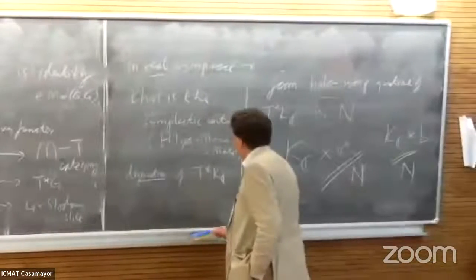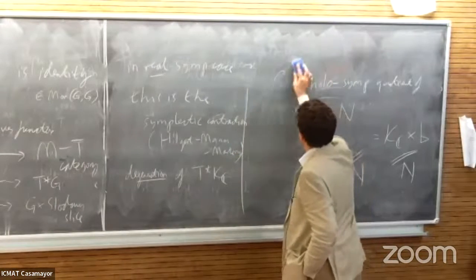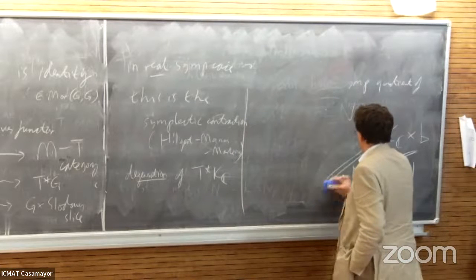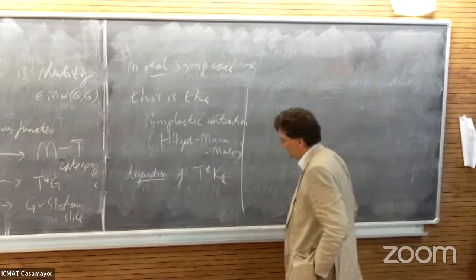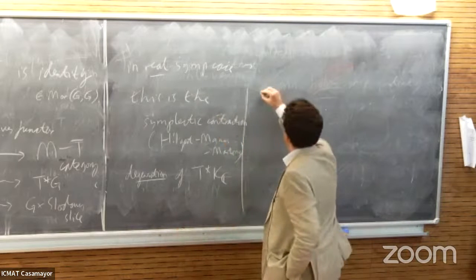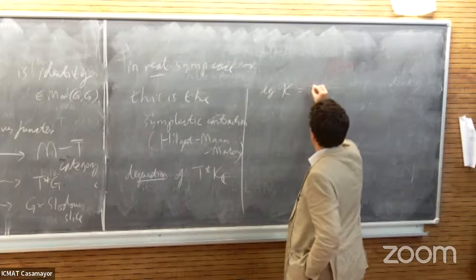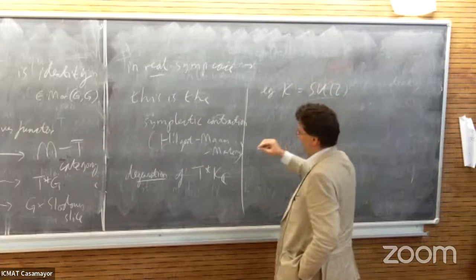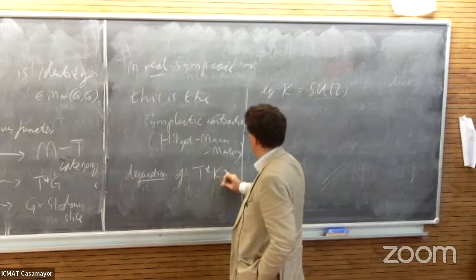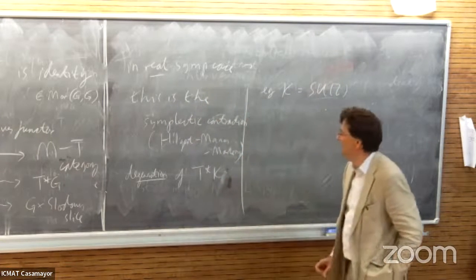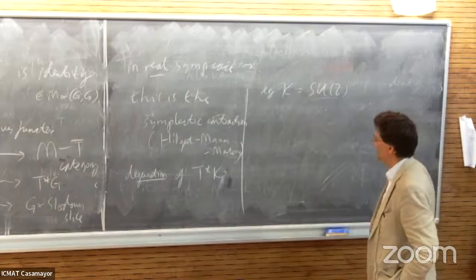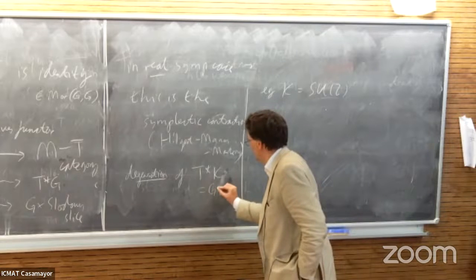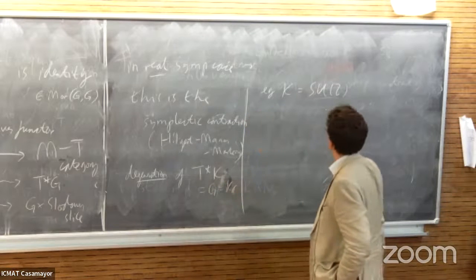And that fits into some purely algebraic constructions by people like Ginsburg. So, for example, thinking in the real symplectic case now, that would be just a T degeneration of T star K, which of course could be thought of as G, which is KC.